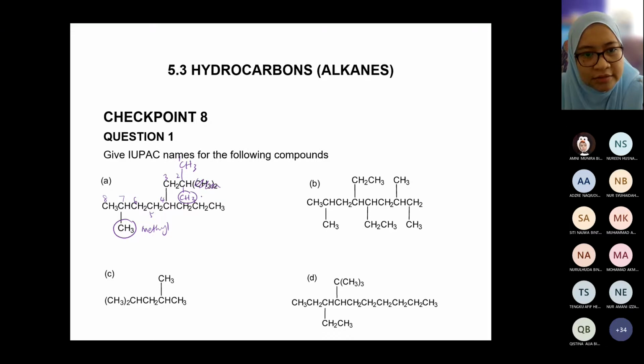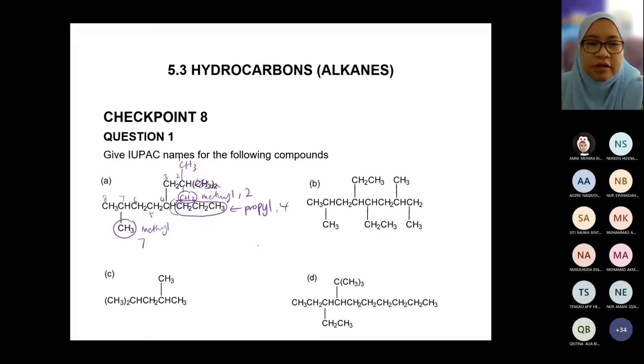This is methyl. And this longer one, from here, is propyl because we have 3 carbons. So at carbon number 7 we have methyl. Carbon number what was it earlier? 2. This propyl is at carbon number 4.